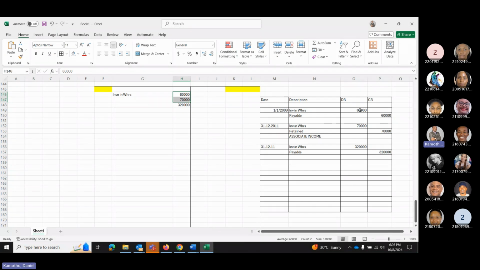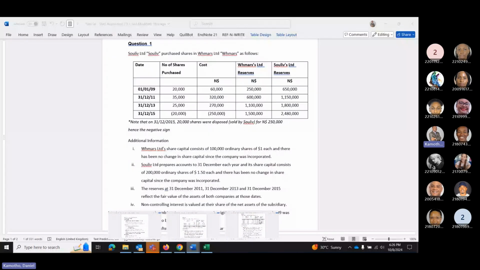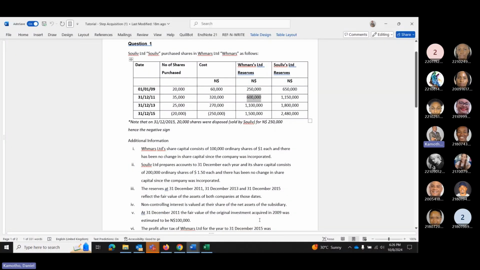But that 60,000 should have grown by another 70,000, and therefore its value in the books should have been 130. That is the figure we would have compared with the fair value of the previously held investment and made an adjustment if it was possible. Based on this question, I do not see the fair value of the previously held investment as at that date, so we would not have made an adjustment.